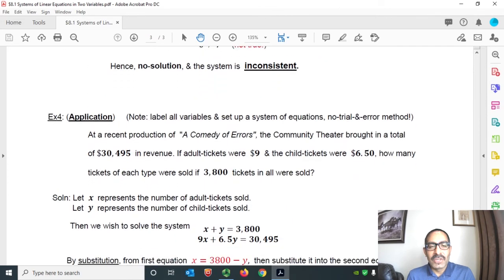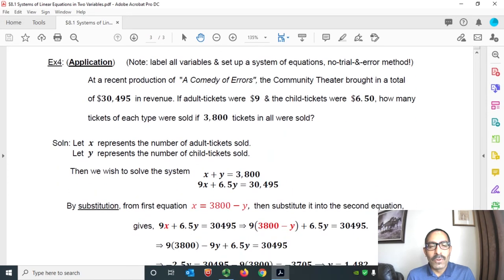Now let's do another example. Example 4, an applications problem. At a recent production of A Comedy of Errors, the community theater brought in a total of $30,495 in revenue.